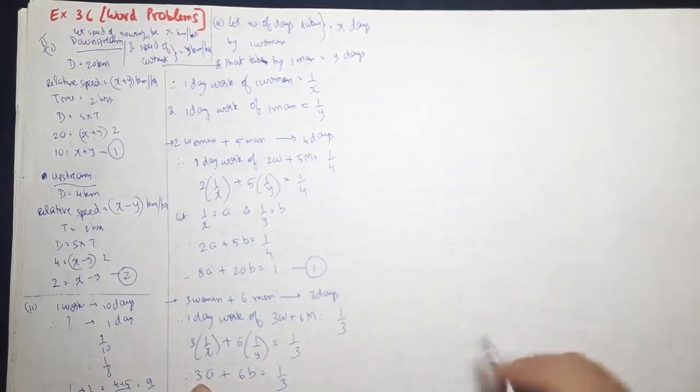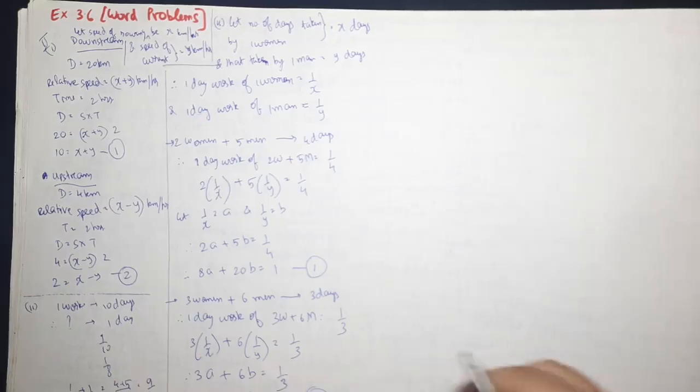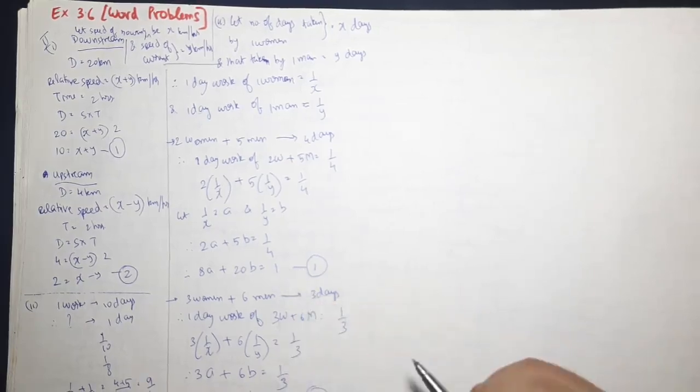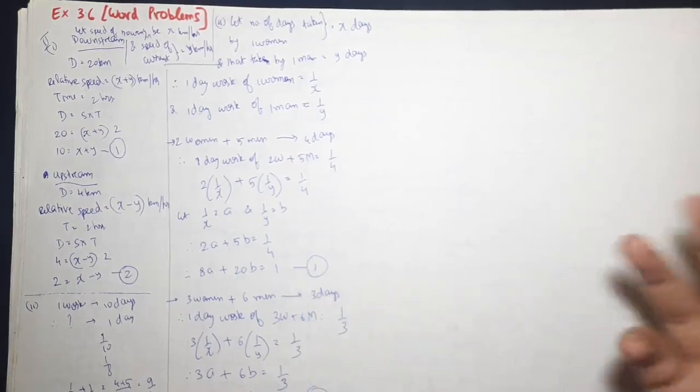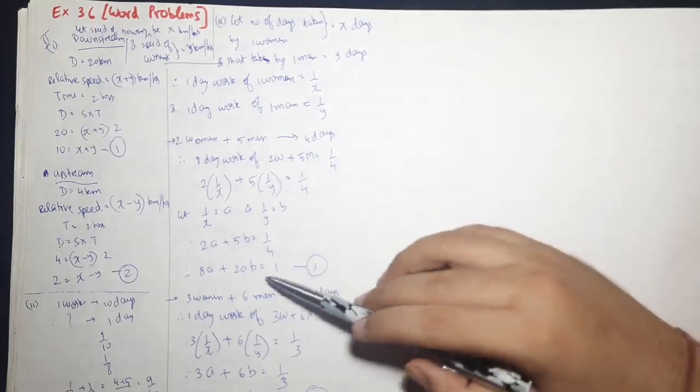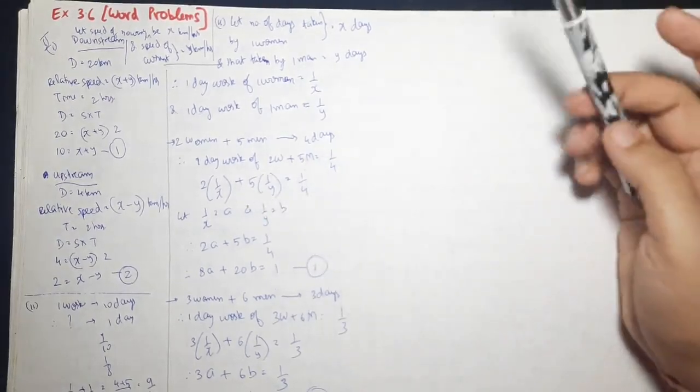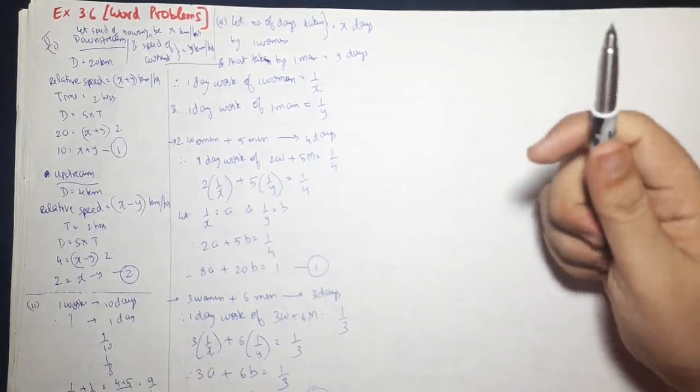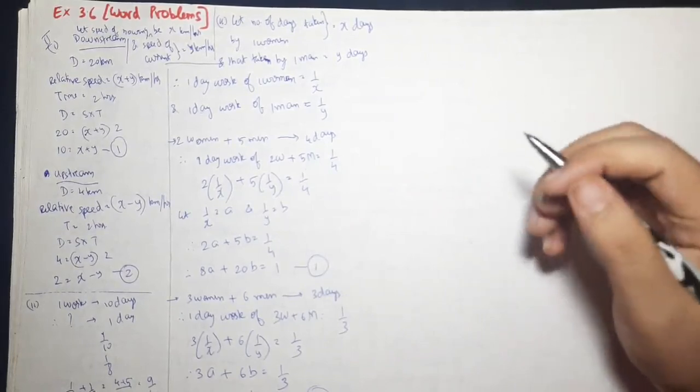This 3 will go and multiply over that side. So 9a plus 18b equals 1. Using these two equations, we can solve for a and b. After getting a and b, substitute the values for 1 by x and 1 by y as we have done in the first part of this exercise 3.6.